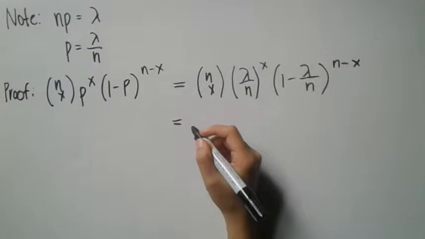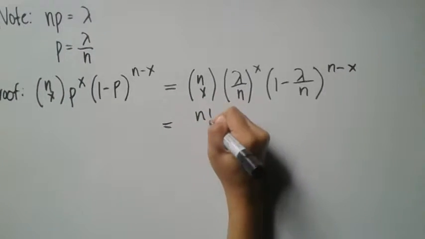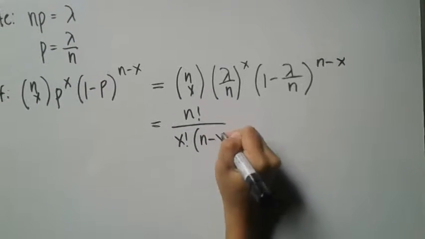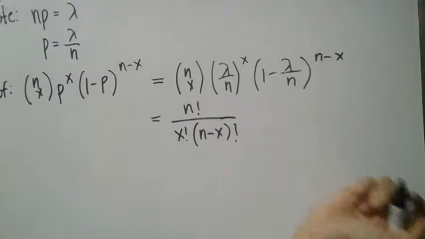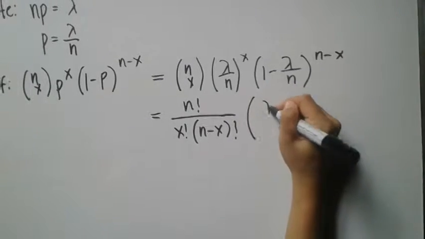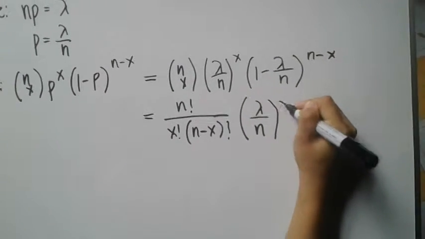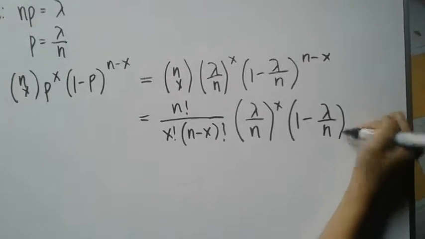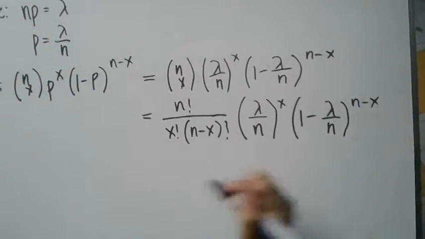So by definition, we have n factorial over x factorial times the quantity n minus x factorial, and then just copy lambda over n to the power of x times 1 minus lambda over n to the power of n minus x.